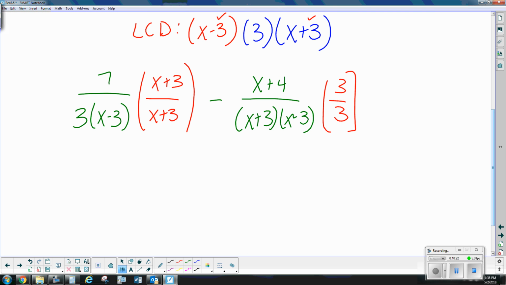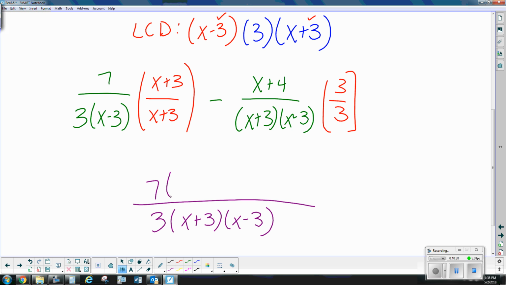And then we can add our numerators, or in this case, subtract our numerators. So we know that our common denominator is 3 times x plus 3 times x minus 3. And our numerator is 7 times x plus 3 minus the whole quantity x plus 4 times 3.